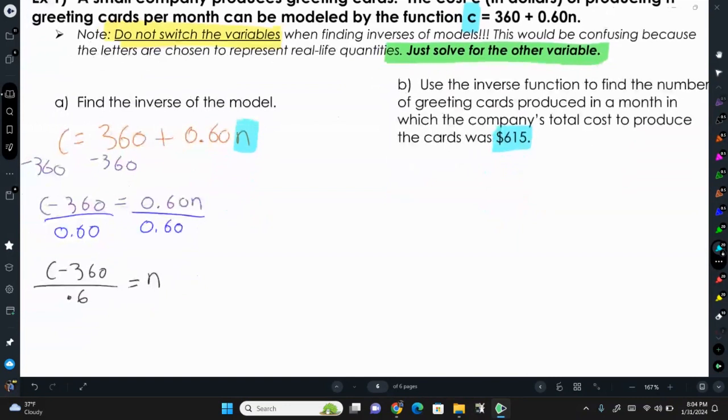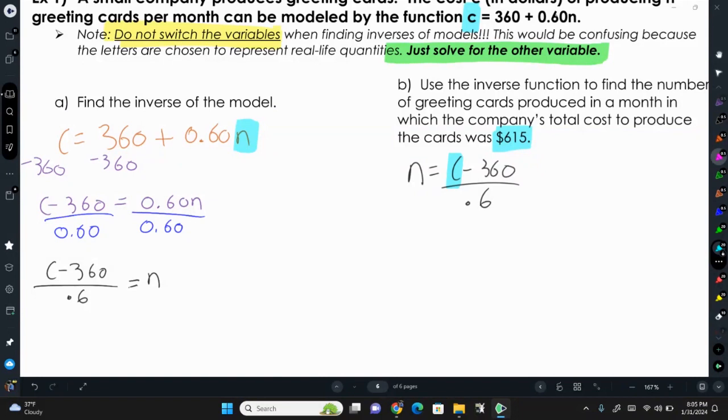But in our inverse function, let me rewrite that over here, n equals C minus 360 divided by 0.6. We're going to plug in 615 for C, and then it's just one calculation.